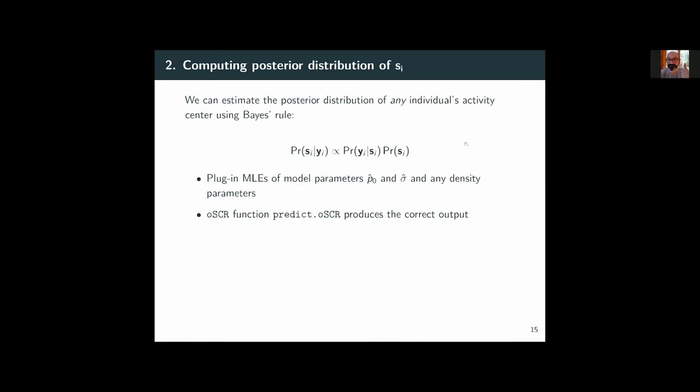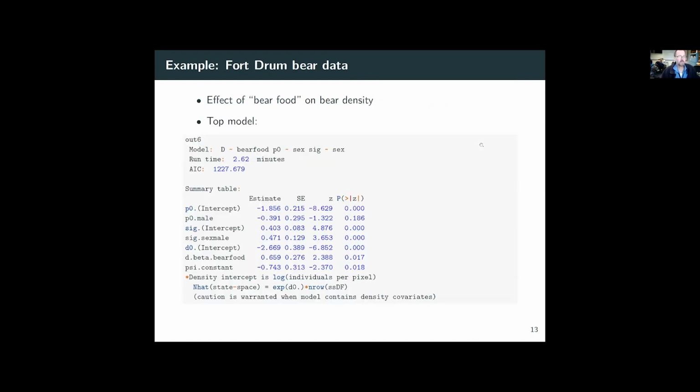And then one last thing, Andy, there's the psi constant parameter. Oh yeah, okay. As Chris described yesterday, the sex structured likelihood is a feature of oSCR, and the parameter that describes the sex distribution in the population is this psi.constant parameter.